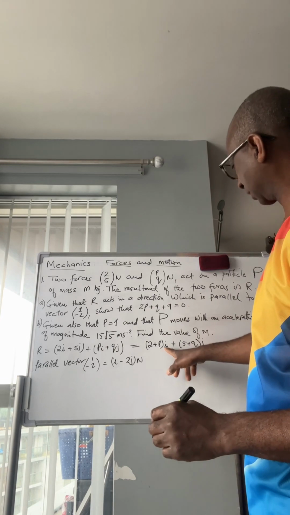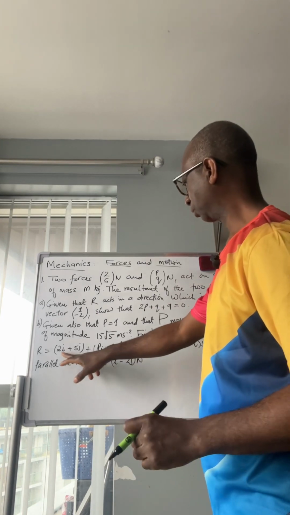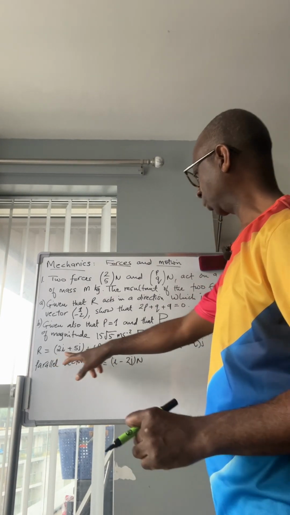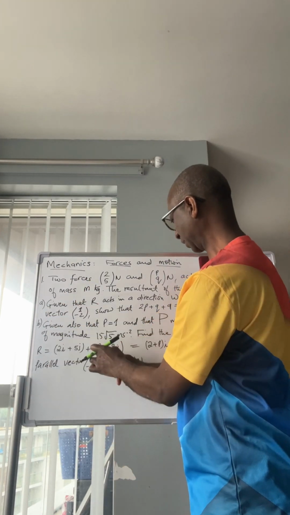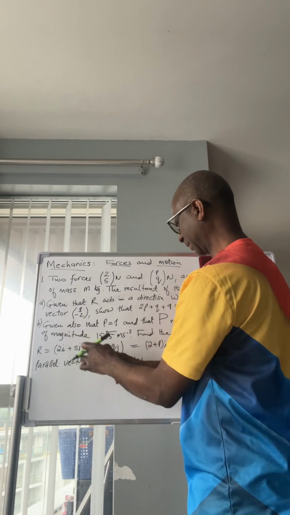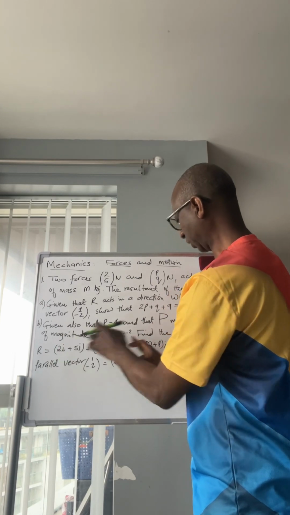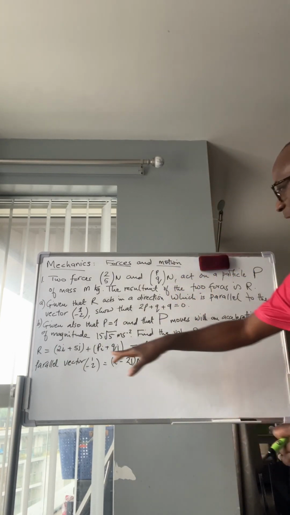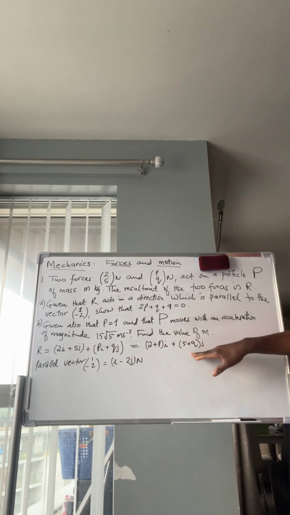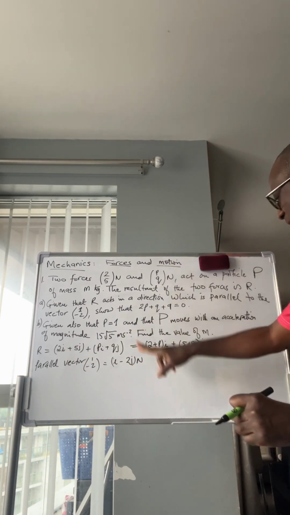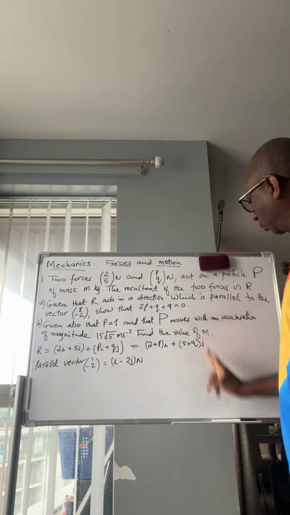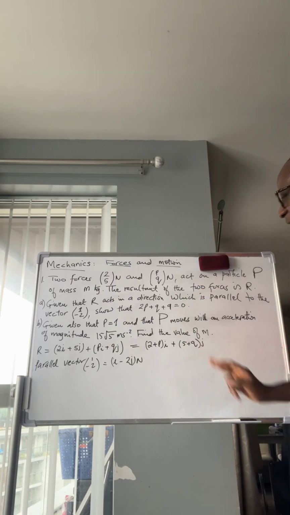Because they are vectors, you have to be careful with the unit vectors. You don't just add everything together. Unit vector against unit vector, that is i plus i, j plus j. This is how you match them up. So now we have all the i's together, the x components, and the j's together, the y components.